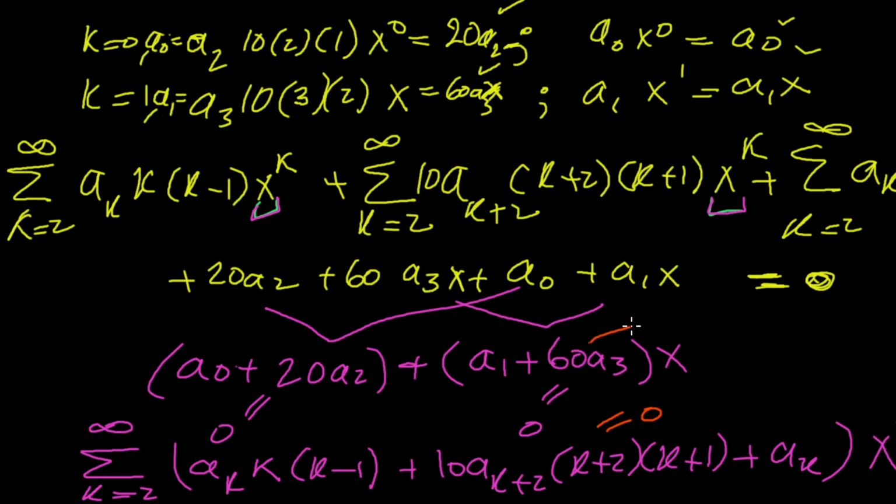So this one here will give you, let's say, a sub 3 is a sub 1 divided by 60, or a sub 1 equal negative 60 a sub 3, right? This one here, same thing. A sub 2 is negative 1 over 20 a sub 1, a sub 0.